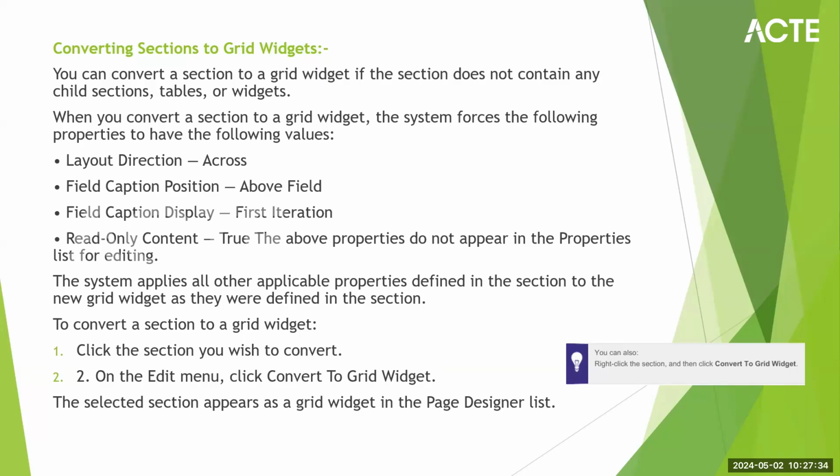When you convert the section to grid wizard, the system forces the following properties. What are those? Layout direction: across. Field caption position: above field. Field caption display: first iteration. Read-only content. So these properties are applied while converting that section to a grid wizard.